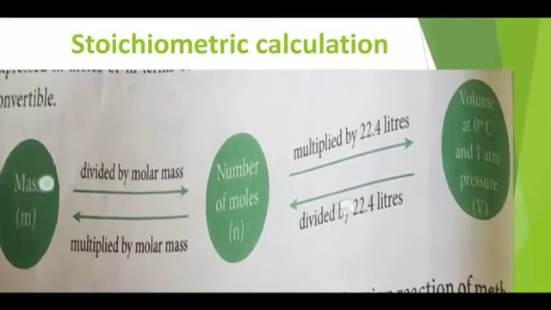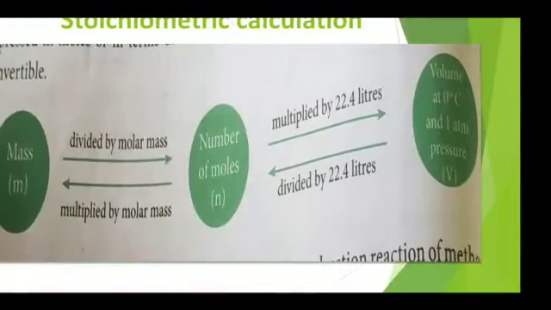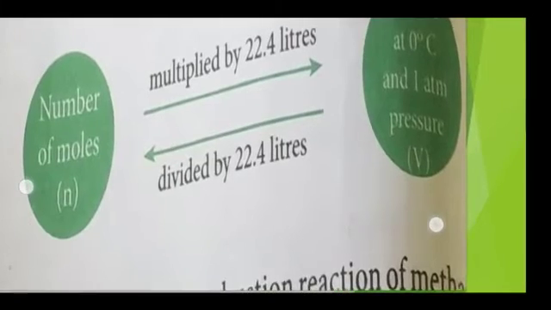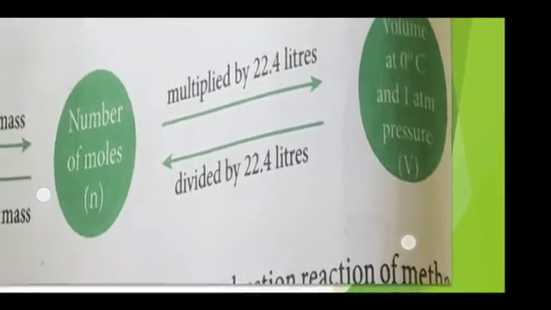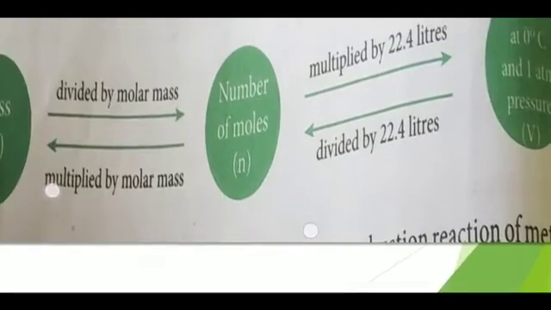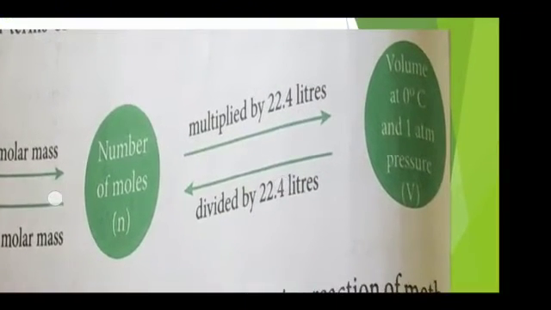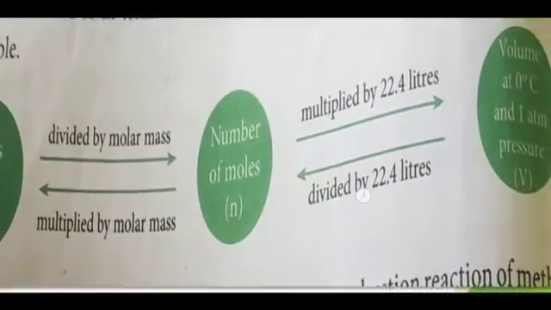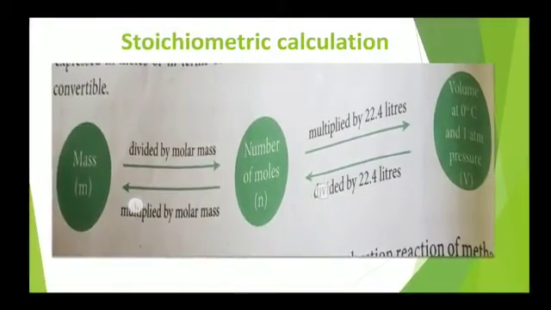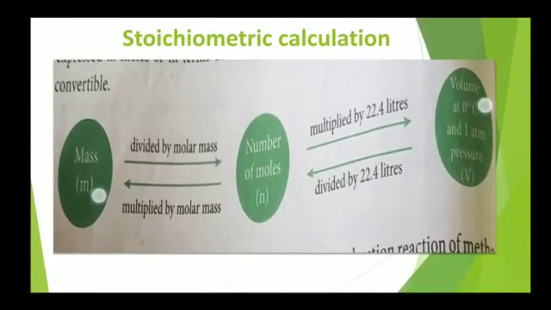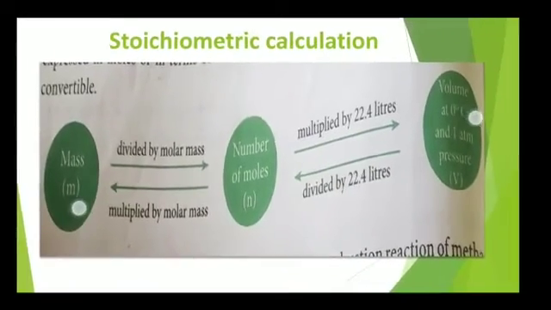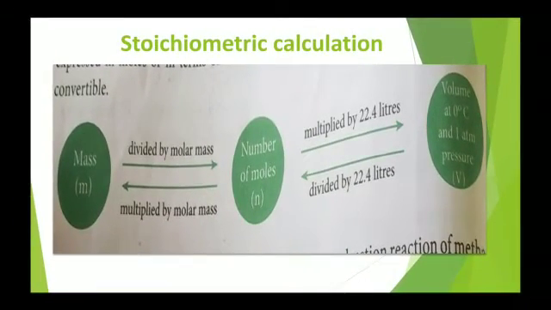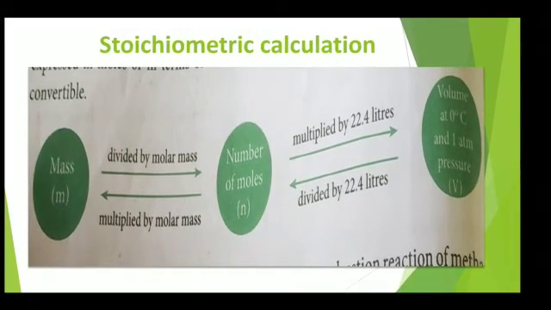The reverse way, the number of moles into molar mass, we are getting mass. Then we go to the relation between the number of moles N and volume V. If we multiply number of moles into 22.4 liter, we are getting volume. The same way, if we divide volume by 22.4 liters, we are getting number of moles. So these 3 units are interconvertible.